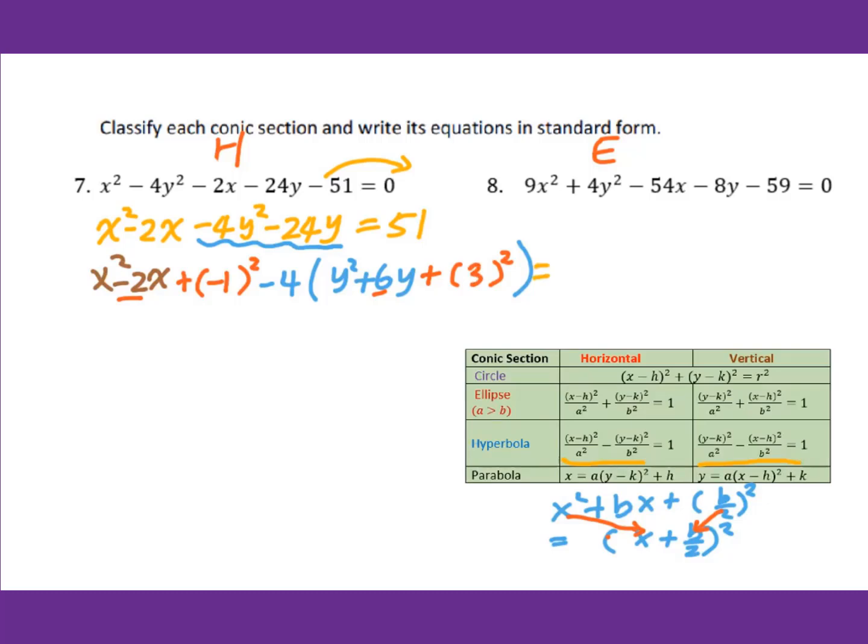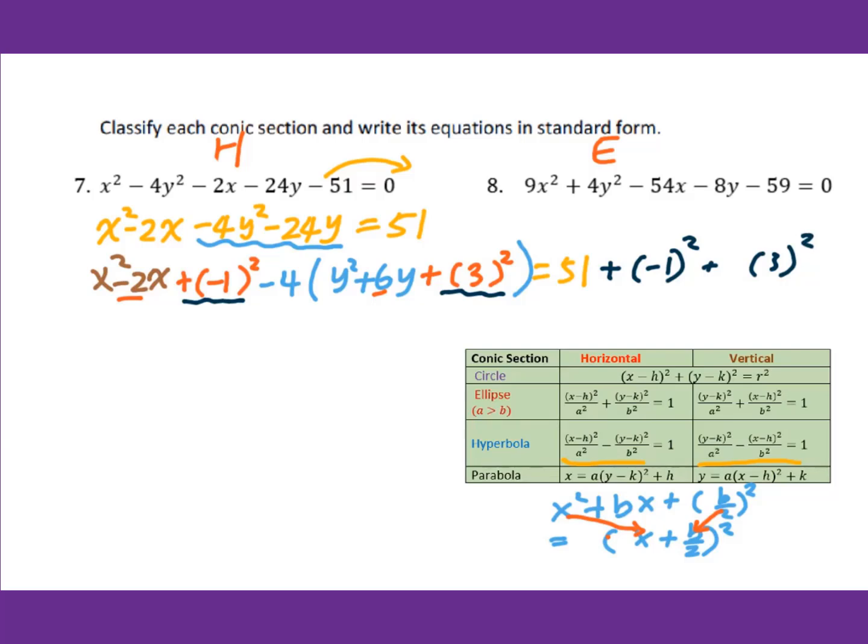Then equals 51. Since you add negative 1 squared on the left side, you have to add it on the right side. You add 3 squared on the left side, so you have to add it on the right side.